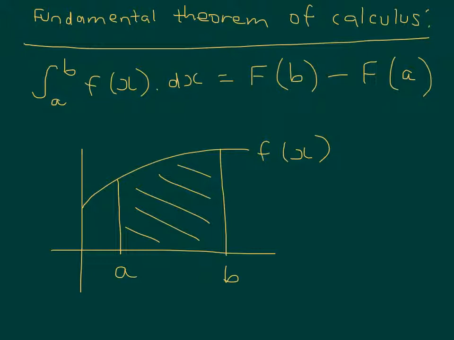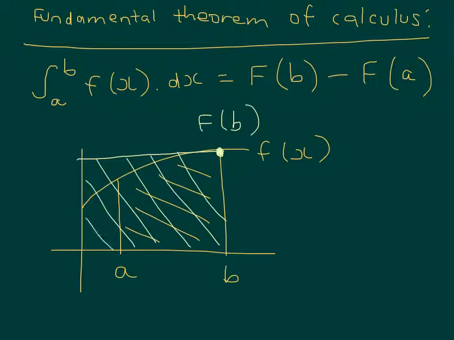So why do we minus? What does that mean? Well, we're finding an area. If I find the area at this point here at B, and in the last part of this lecture I talked about why it's the primitive, if I find the area there, that's all that area there.